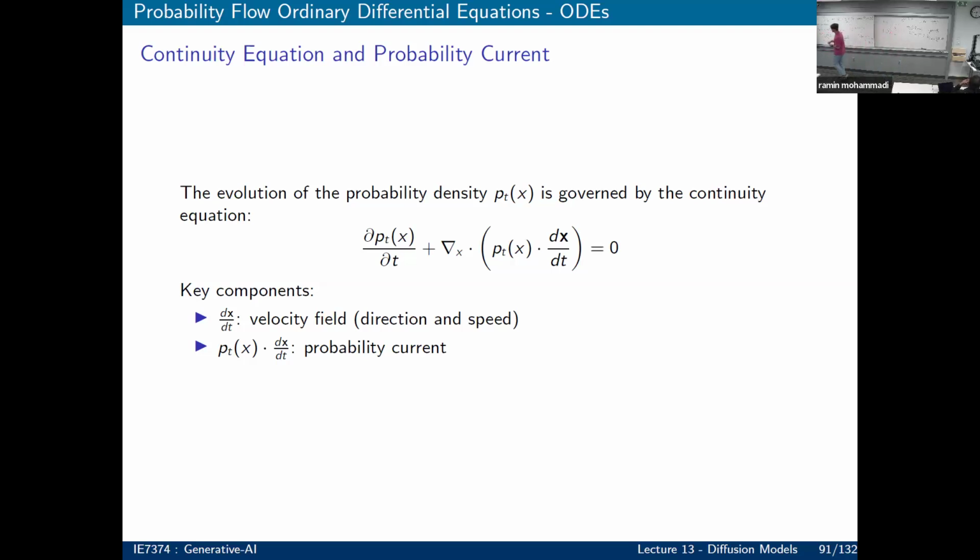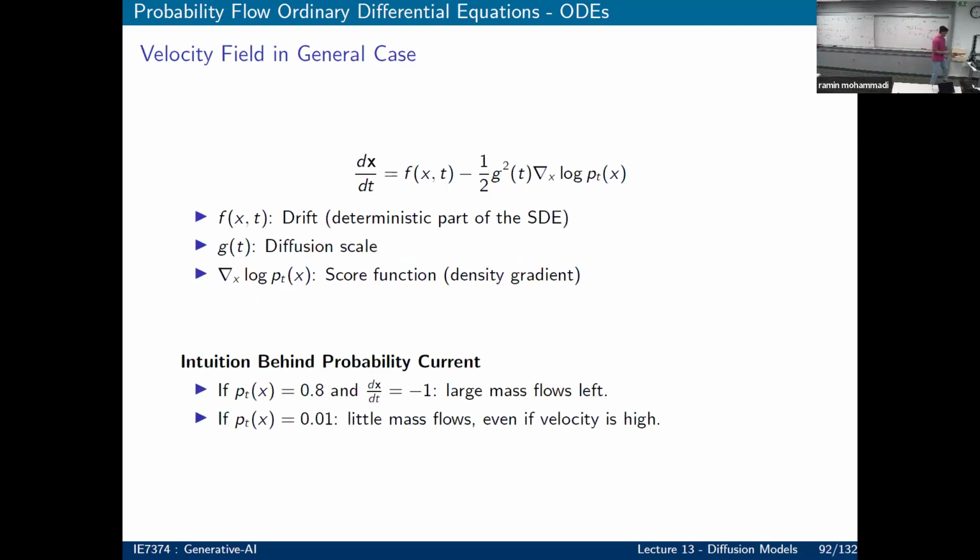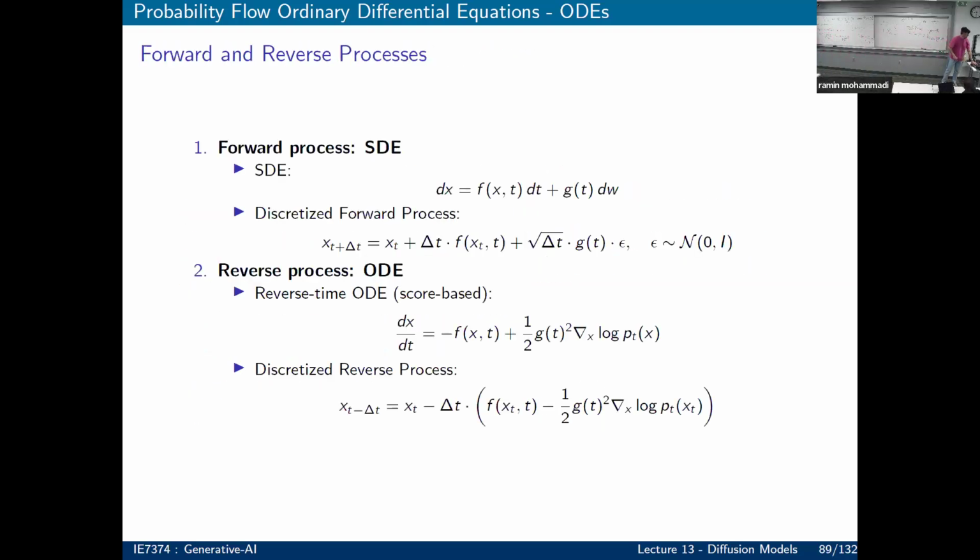So there's this velocity, which is the direction and speed at different times. It's not the same, it depends on where you are in the space. Then there's this p(x) times dx_t. That's probably the current, the amount of water that goes through, whether it's a really wide river or a really narrow river. Now, dx over dt is the same equation that we saw before. That's the same equation.